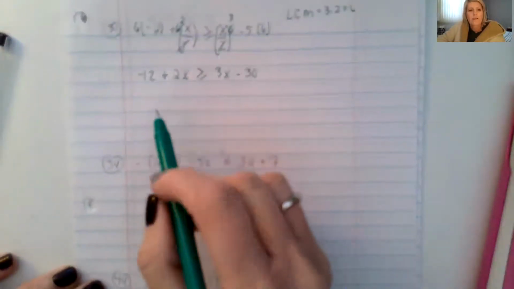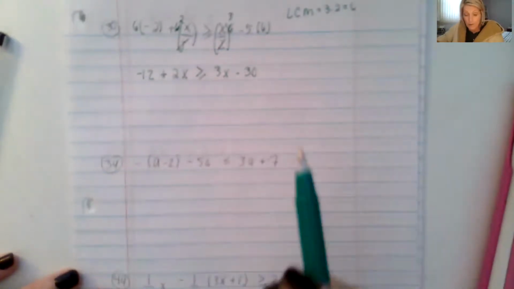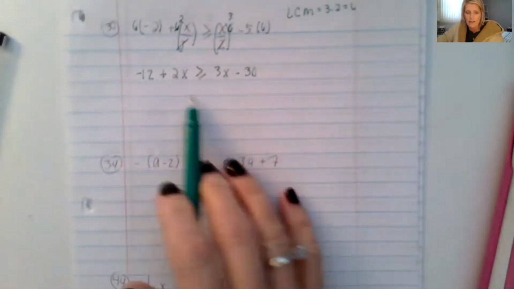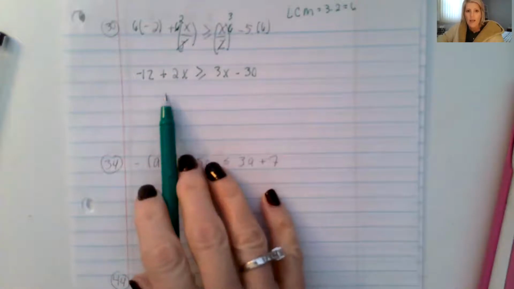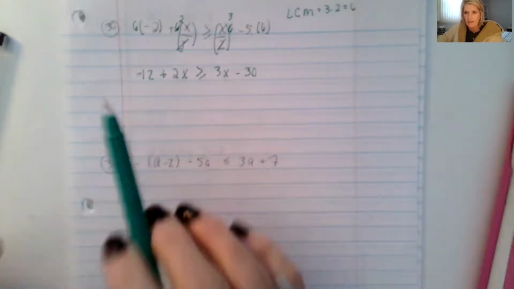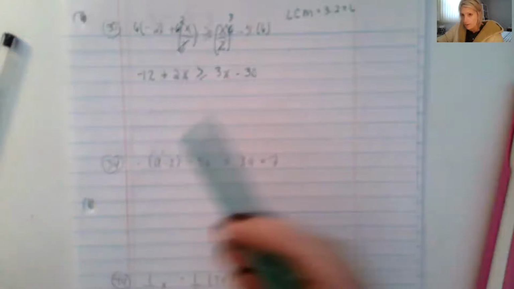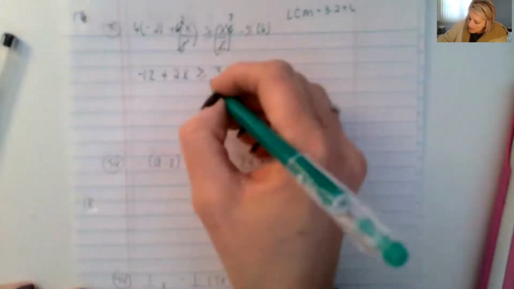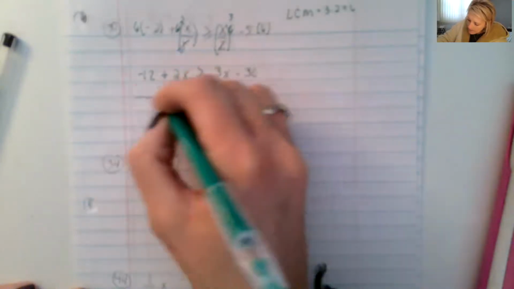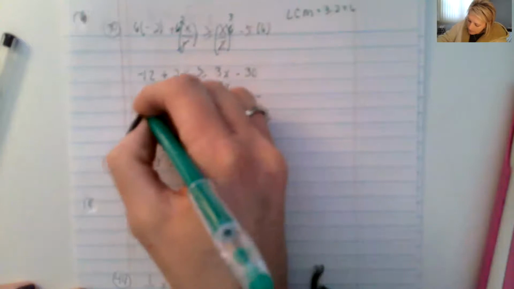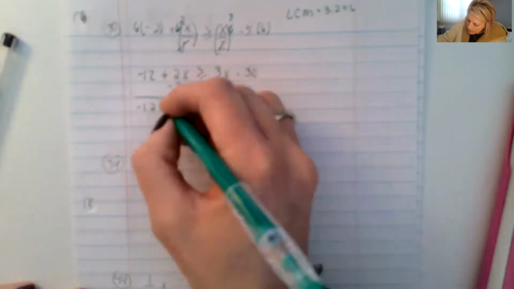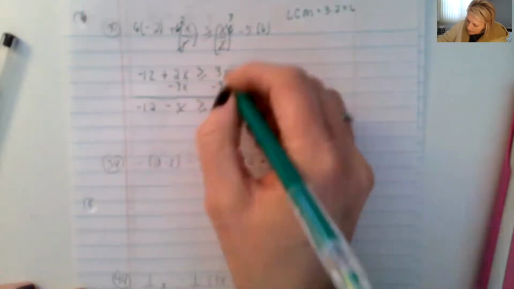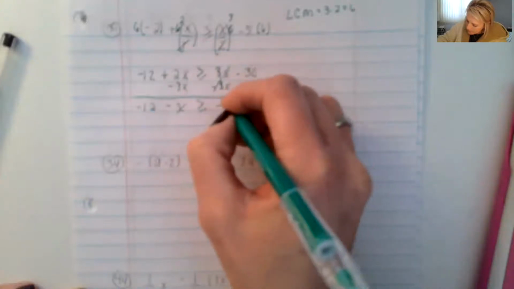Then, when we're doing inequalities, especially, I know when we started solving equations, I mentioned that I like to have my variable on the left. And that's because I just like to read x is something. X is less than or greater than something. So I like to have x on the left. So let's move our x's to the left. So we're going to subtract 3x. We'll do that first. So we have 2 minus 3 is a negative x greater than or equal to negative 30.